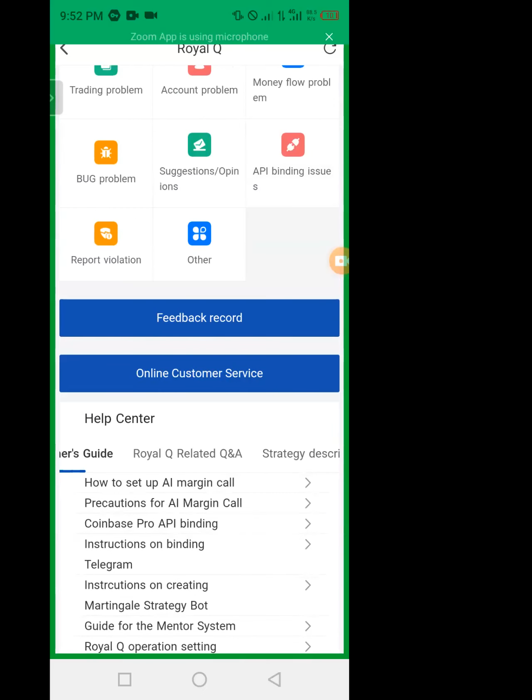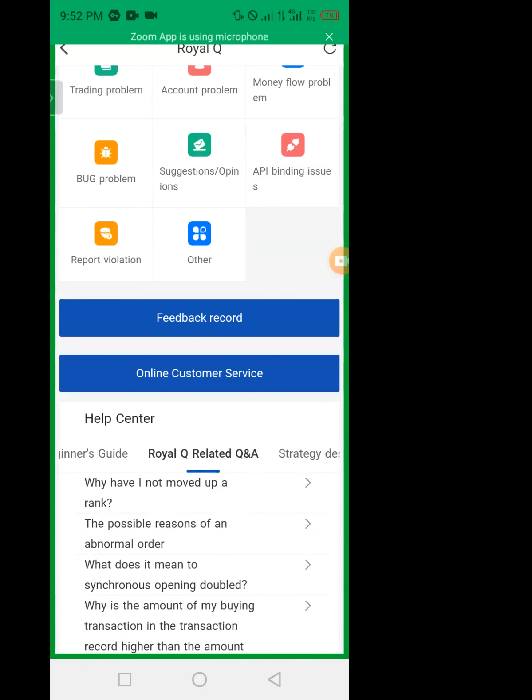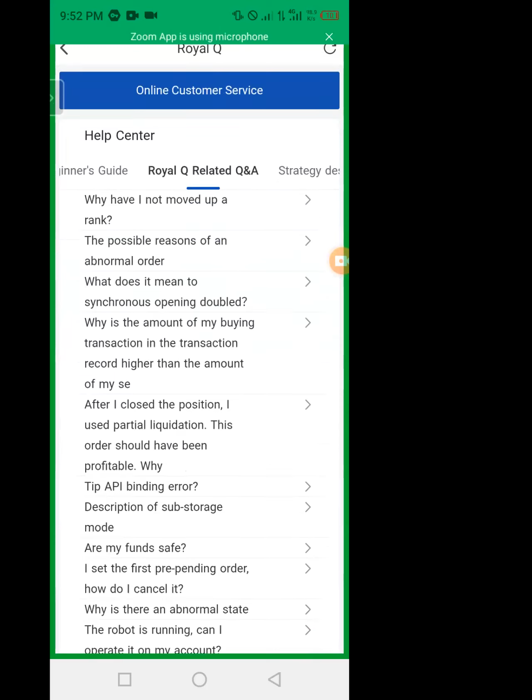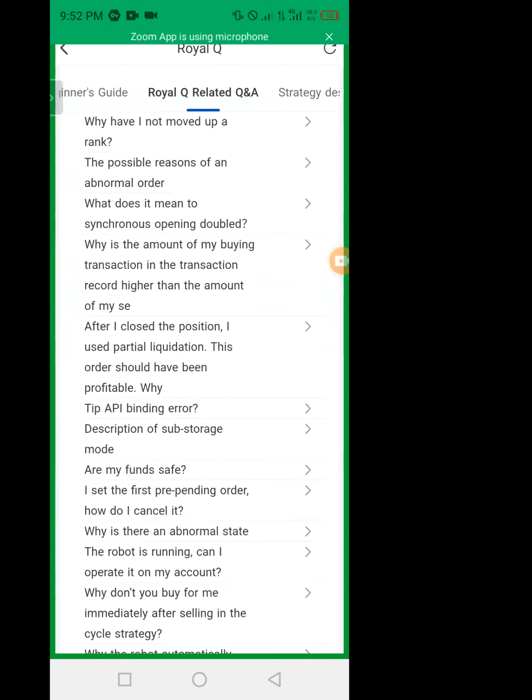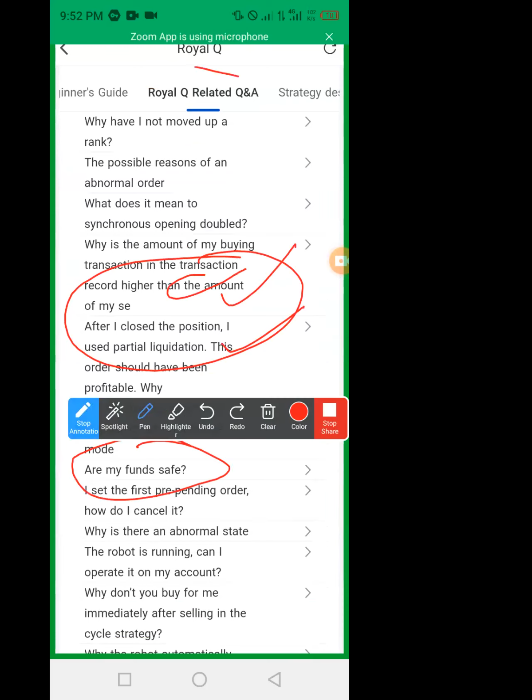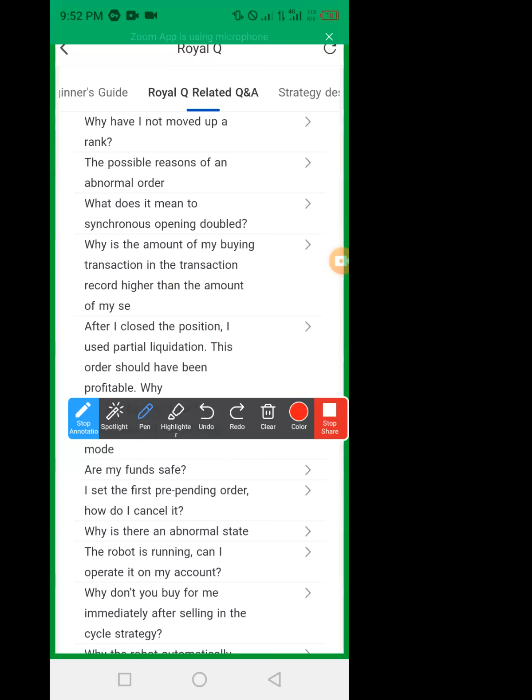Then also, I want to look at the Royal Q related questions and answers. This is the most important thing I wanted you to see. I know most of you are new here.